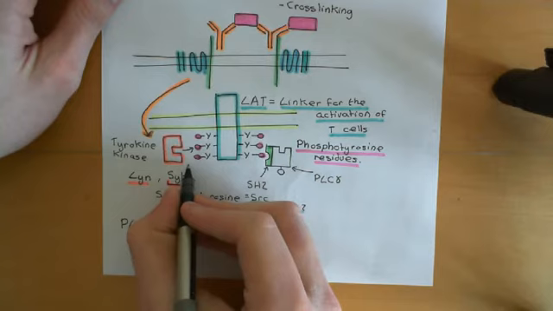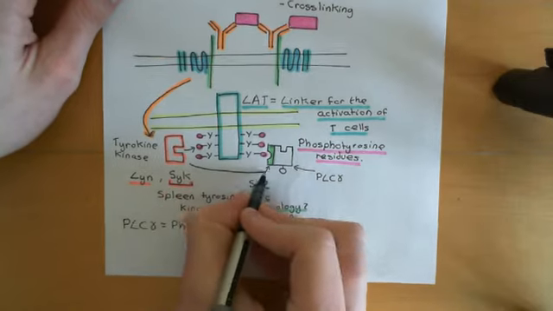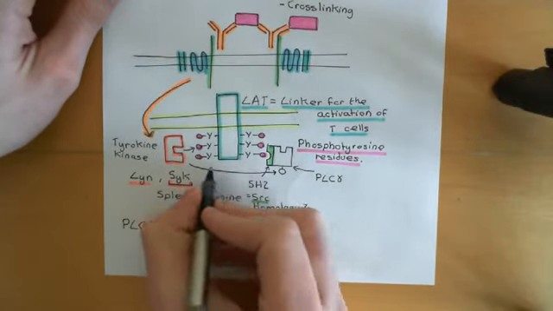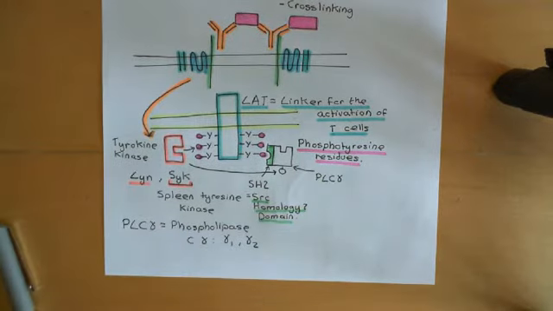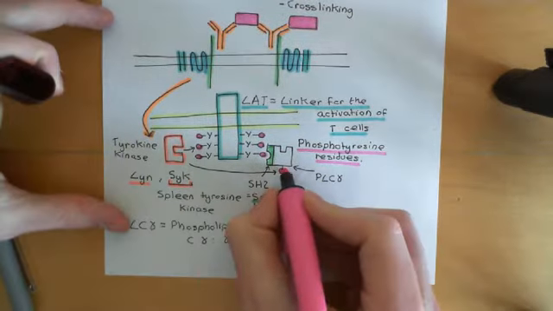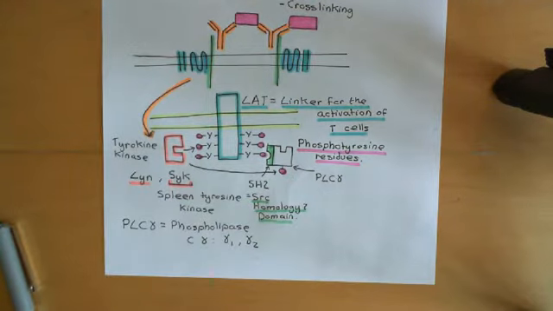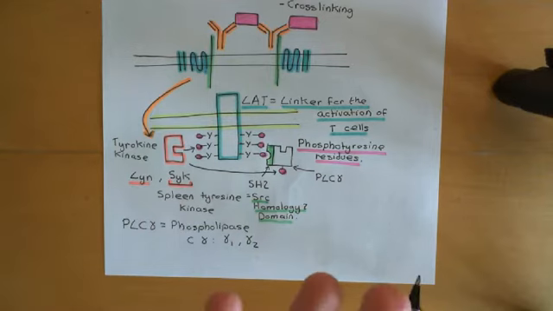Now, this probably is done by the Lyn and Syk kinases as well, but that's a little bit contentious what actually phosphorylates the phospholipase C gamma. Okay, but to activate it, you do need to phosphorylate the phospholipase C gamma enzyme here. Okay, right. So you bring it up, you phosphorylate it, that then activates the phospholipase C gamma enzyme.